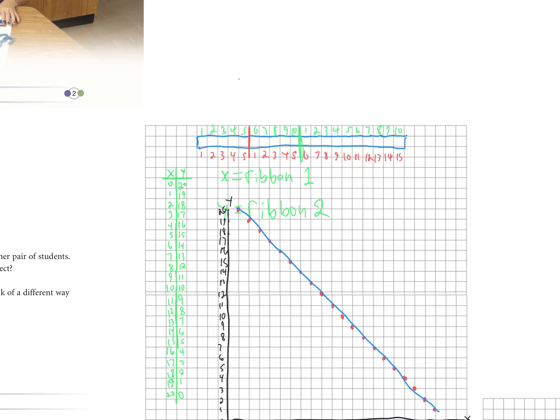But I also could have cut the ribbon right about here, which would be right in the middle. That would have left me with a half a piece on this side, and then a half a piece on this side.